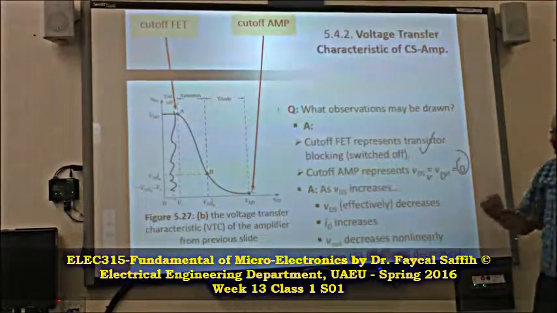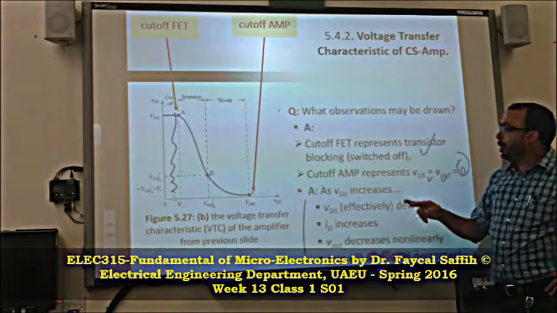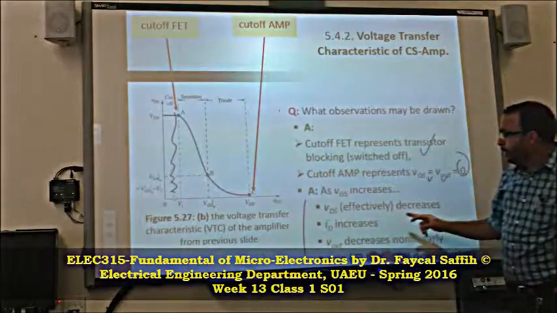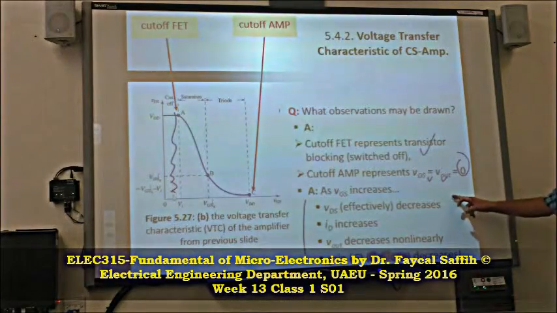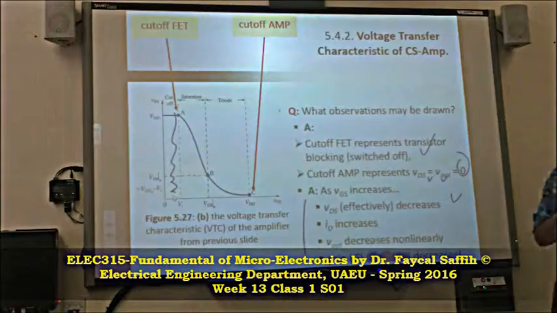Yeah. So here's the description that is really important for you to take note of. As VGS increases, what happens? VDS effectively decreases. So it's kind of an inverter. Input increases, output decreases. This is the first one.